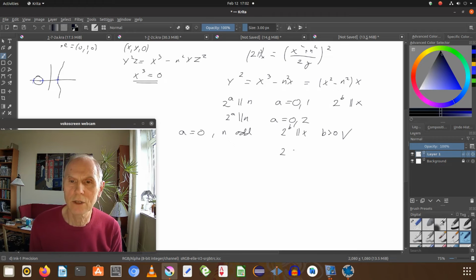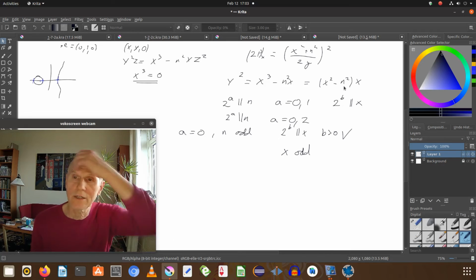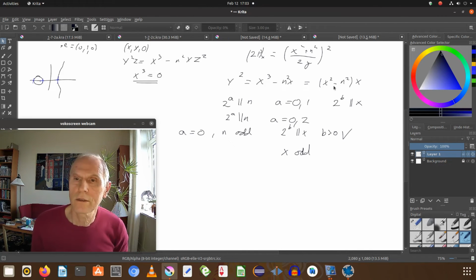Now, if x is odd as well, then x squared minus n squared can certainly be even.